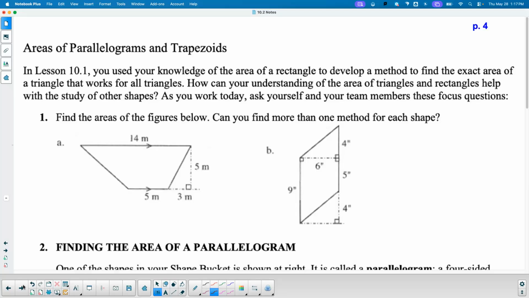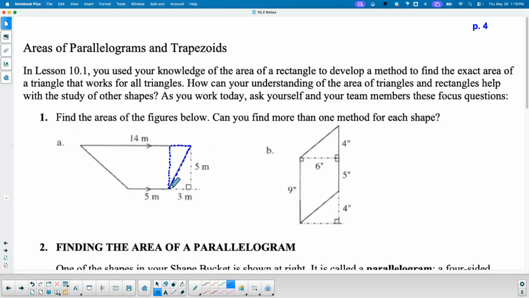Separate them into shapes that we know, right? What are the 2 shapes we know right now, Aaron? Triangles and rectangles, right? Okay, so if I take this trapezoid and I break it up into a blue triangle, what dimensions of that blue triangle do I have? 5 and 3.